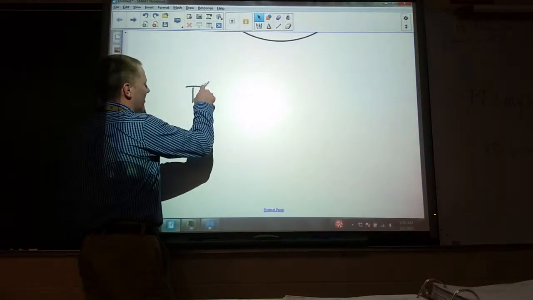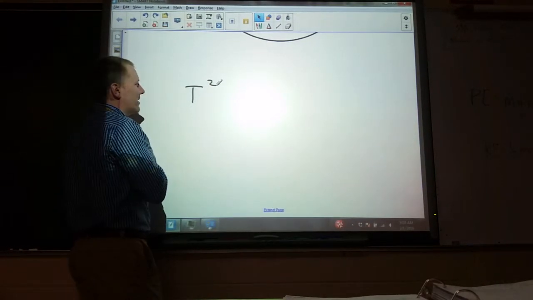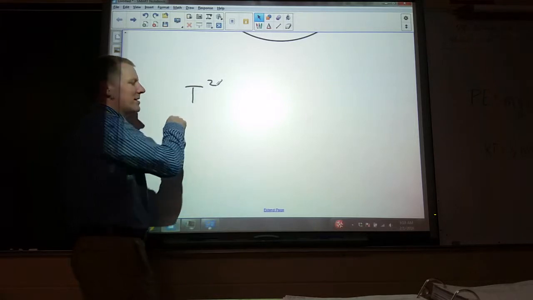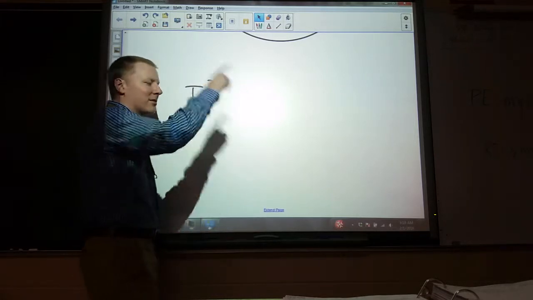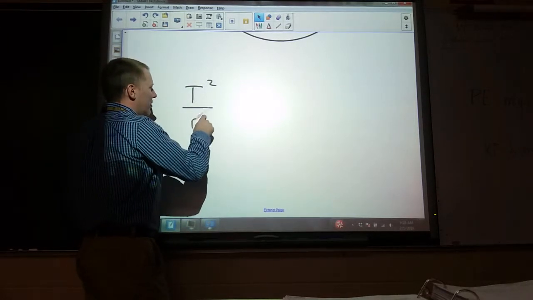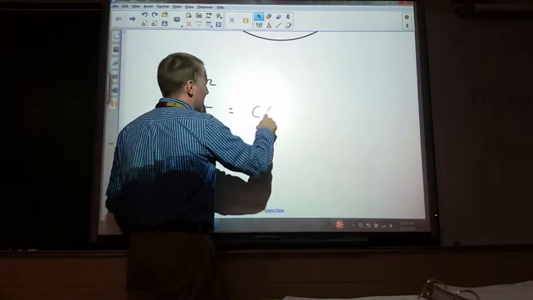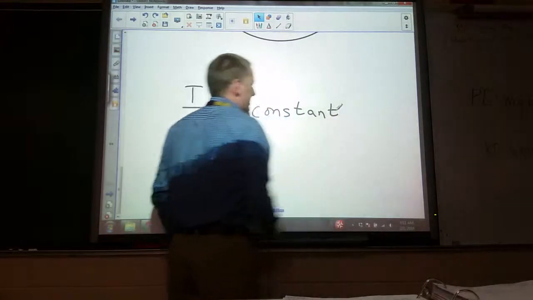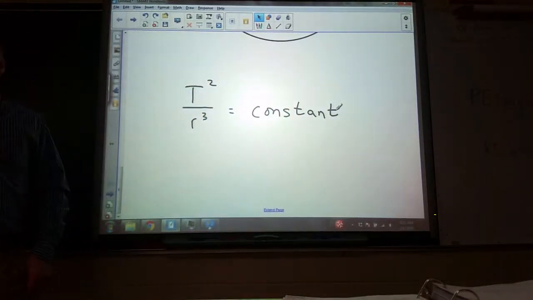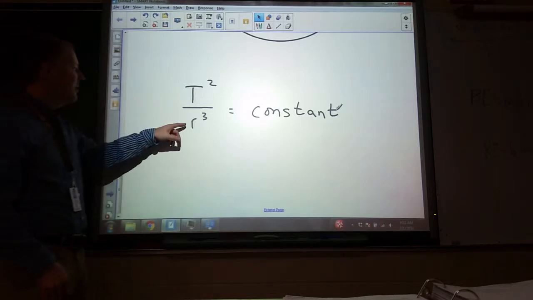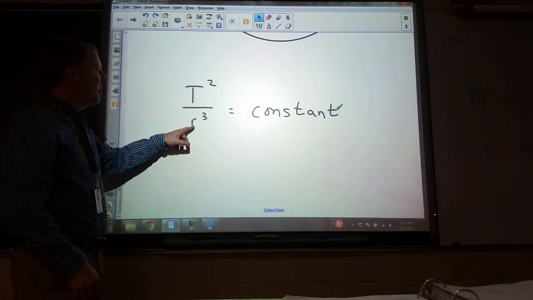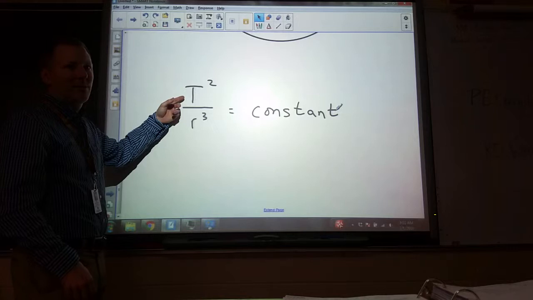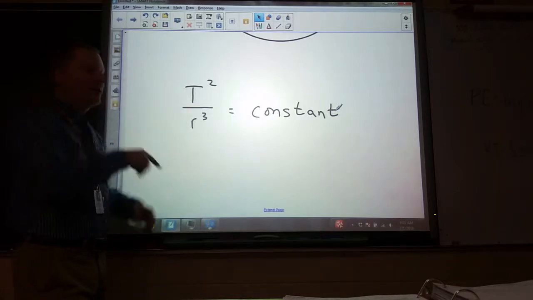Right, so the orbital period squared, which we abbreviate as a capital T. Whenever you see a T like this, it means period. So T squared over r cubed is a constant. And all this says is that everything orbiting something else shares these characteristics. And so the farther out you are, the longer the period has to be, the longer your year.